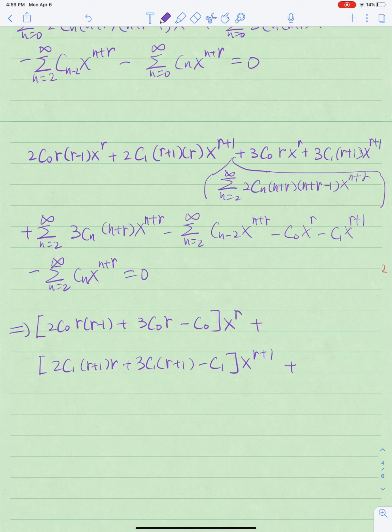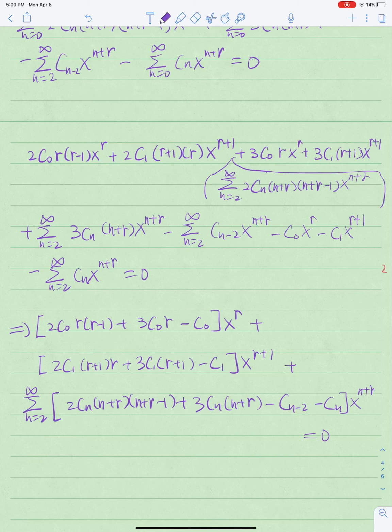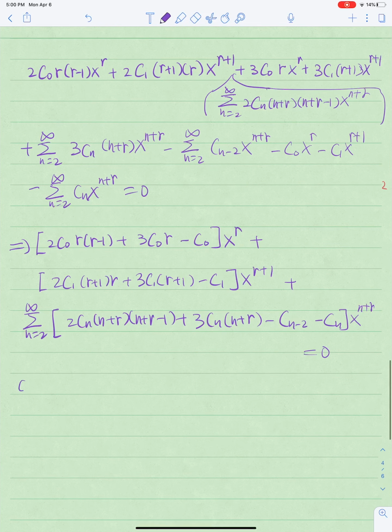And then combine the summations. And then we're going to set the coefficients equal to 0, and factor out the C naught.